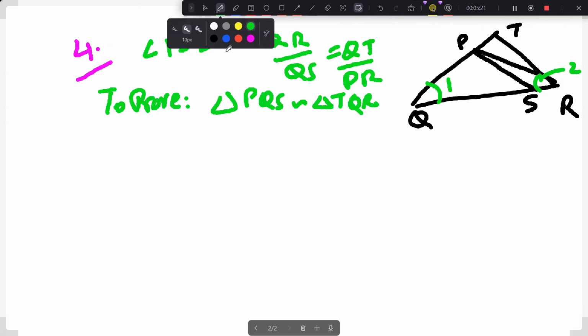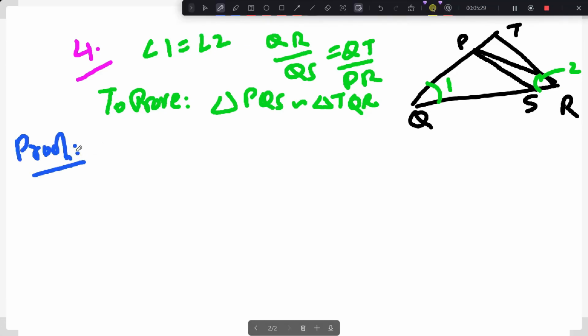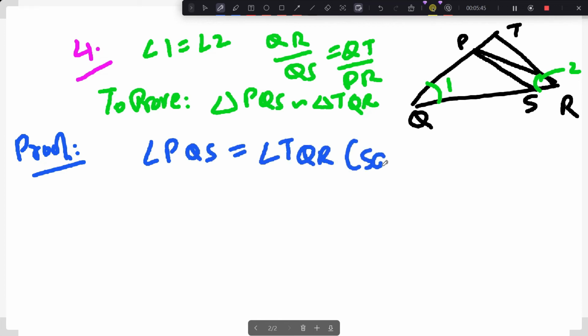Okay. Now how do we prove this? Let's look at triangle PQS and PQR. PQS is similar to triangle TQR. Already we know for a fact that angle PQS is equal to angle PQR because they are the same angle. Okay.